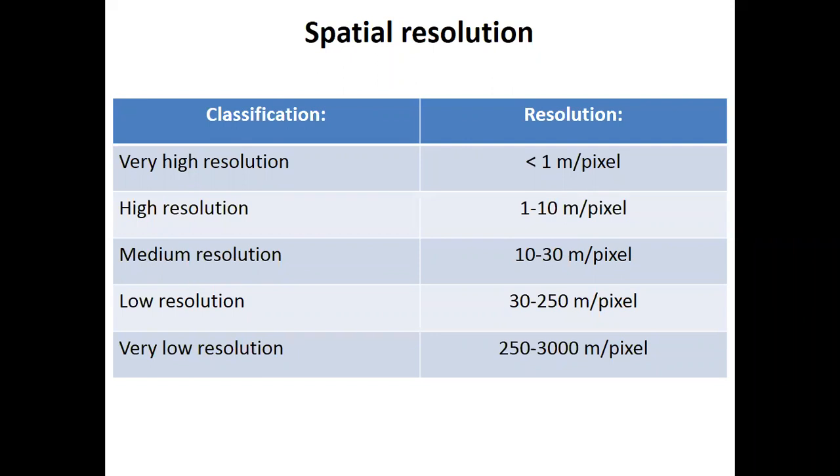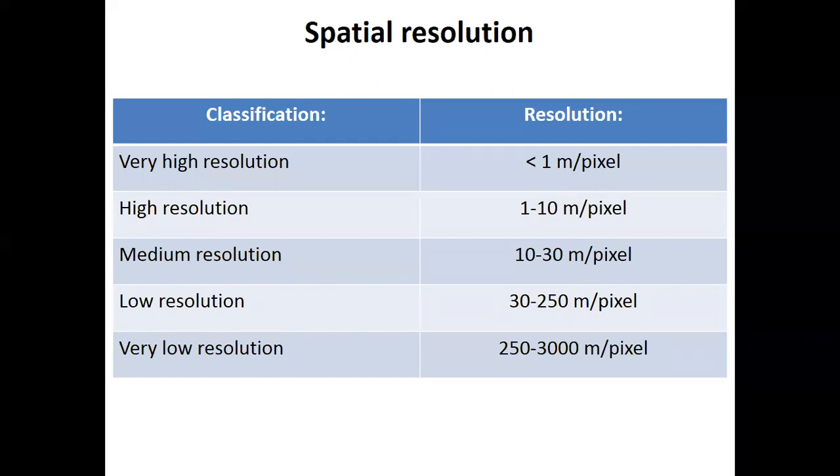Nowadays, very high resolution is regarded as everything with a resolution finer than 1 meter per pixel. Most of the images you can see in Google Earth or Yandex Maps are basically of this very high resolution.